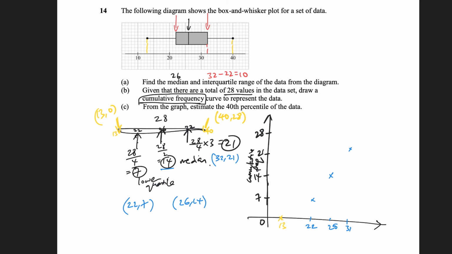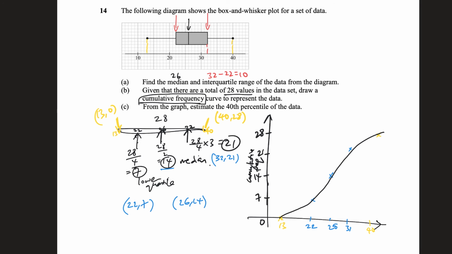When my y-axis is at 28, the value is 40. So let's do that. Once again, this is a sketch. On graph paper, you should do it properly. This is my cumulative frequency curve. You just link it up like that.